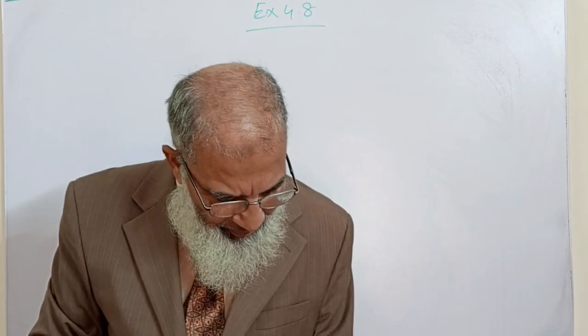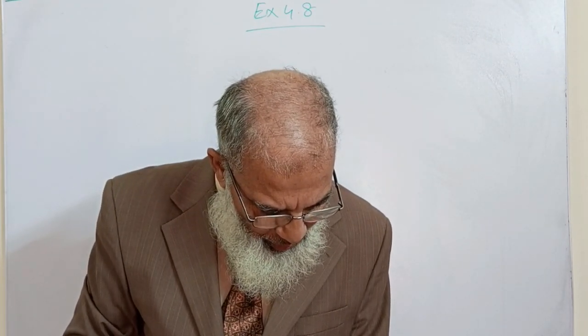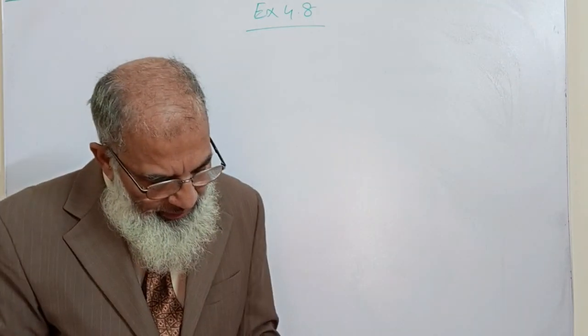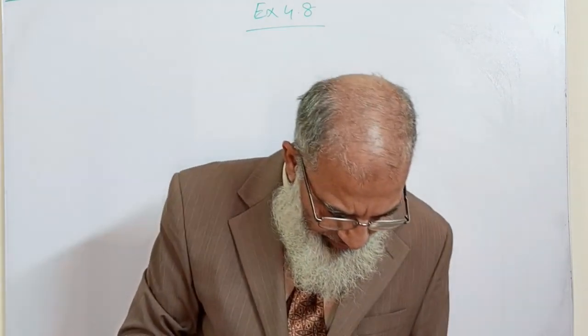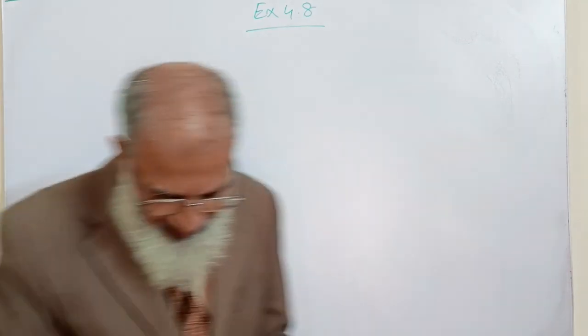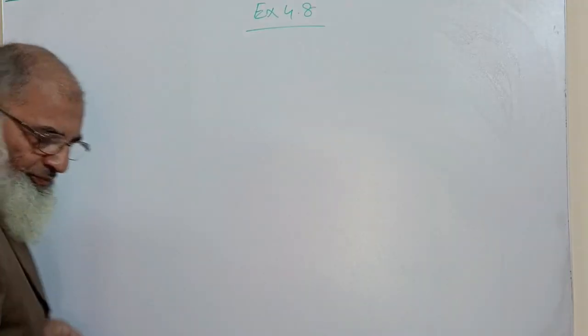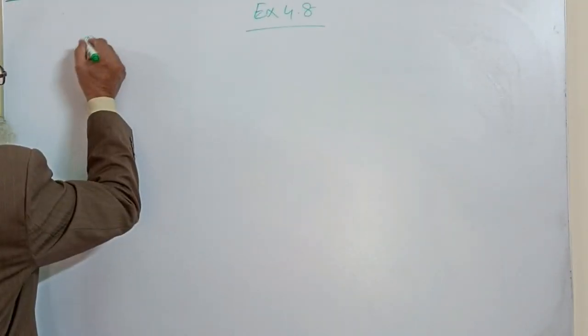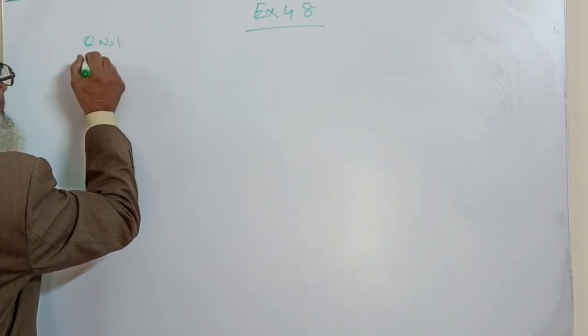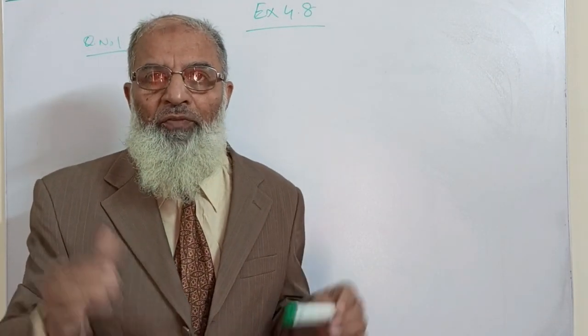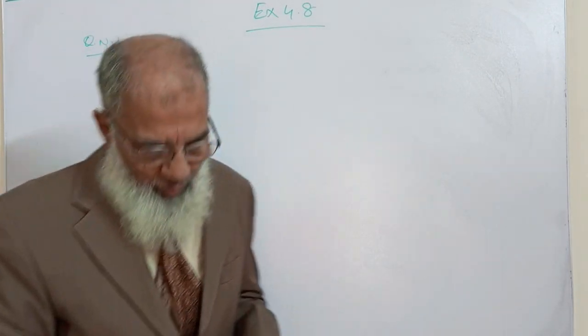Draw a bar chart to show each of these sets of data: favorite takeaway food, number of people. Question number one says to draw a bar chart of the given data.